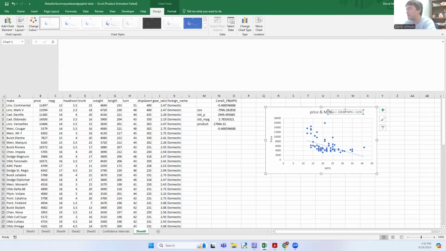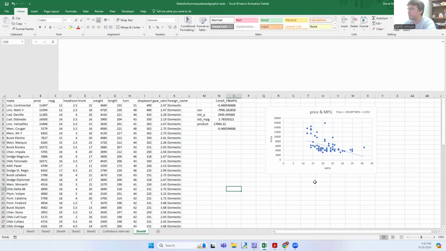All right, let's go ahead and apply this formula. Let's imagine we have a car that has a miles per gallon of 20 miles per gallon. What would be our expected price?